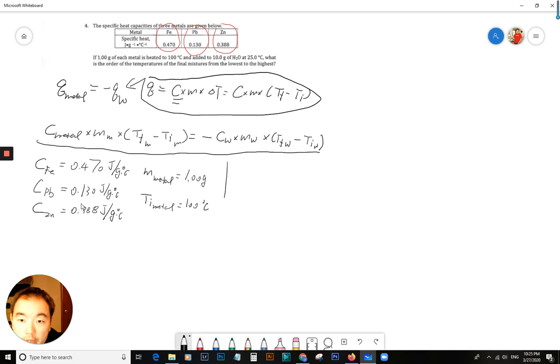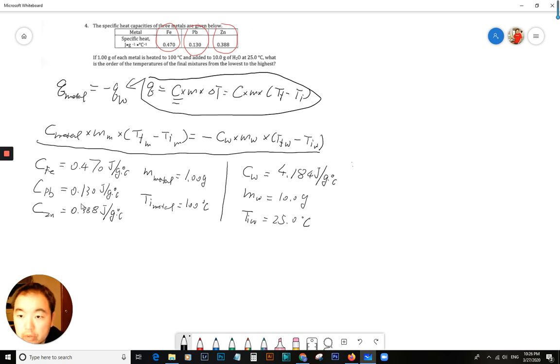On the other side, we already know the specific heat of the water, which is a given number, 4.184 joule per gram per Celsius. We have the mass of the water, which is 10.0 grams. And we know the initial temperature of the water, which is 25.0 Celsius.